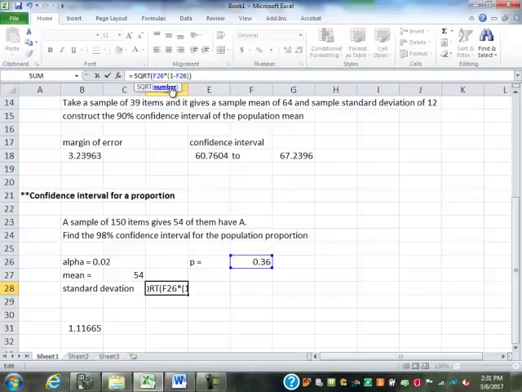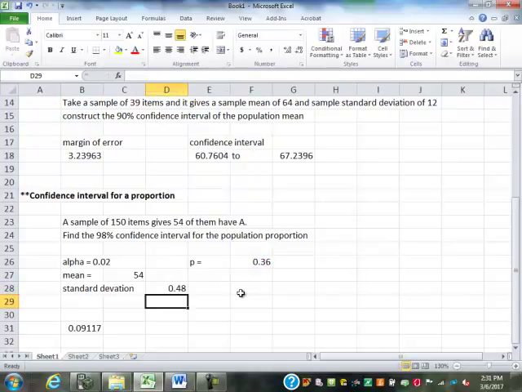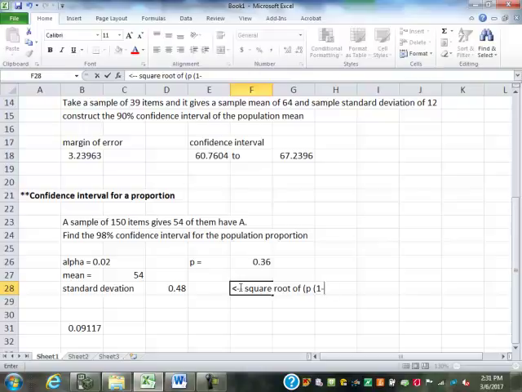So the standard deviation is just the square root of p times 1 minus p. That's all that's going in there.